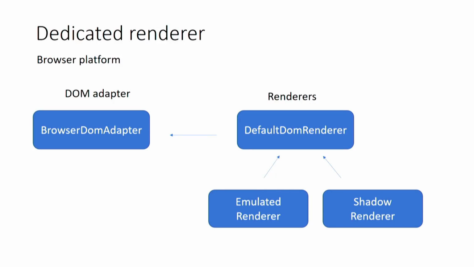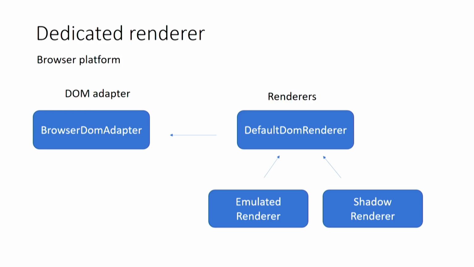And depending on what type of the view encapsulation mode the component defines, Angular will create a specific dedicated renderer for this component. So if a component defines shadow emulated mode, it gets shadow renderer. If the mode is emulated, it gets emulated renderer. So there is one-to-one relationship between a component and a renderer.